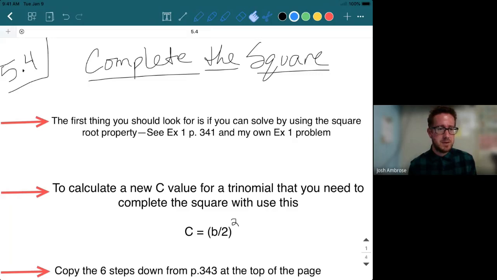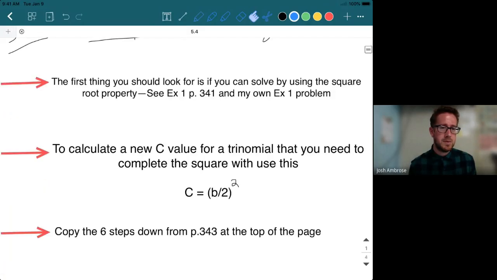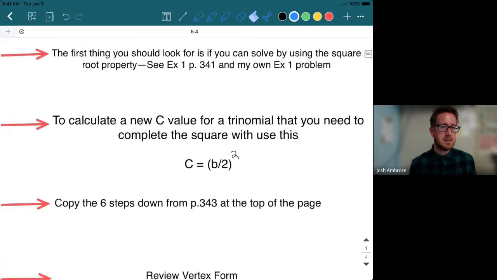If you could go with me in the textbook there, the first thing you're going to look for is whether you can solve a problem by using the square root property, which is way easier, but this is not going to work all the time. The problem has to be set up really nicely for the square root property to work.